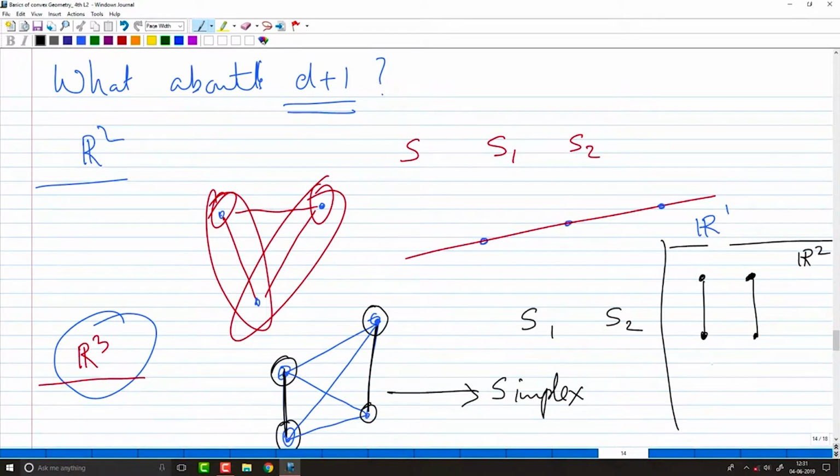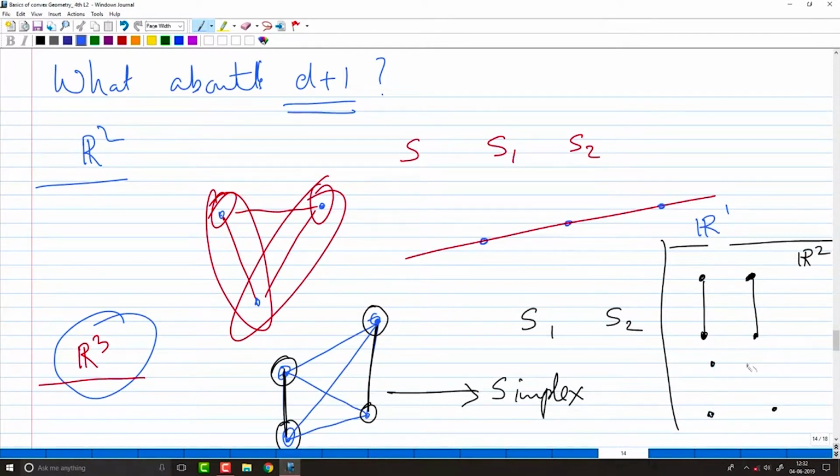Let us look at the R2 case itself. Radon theorem does not say that if you take any partition, their convex hulls intersect. If I took this partition and these two as a partition, their convex hulls are not intersecting. What Radon theorem says is there exists a partition of the point set whose convex hulls intersect.